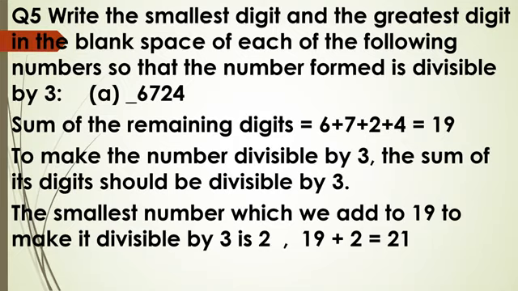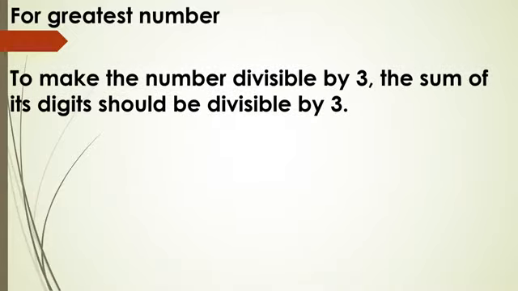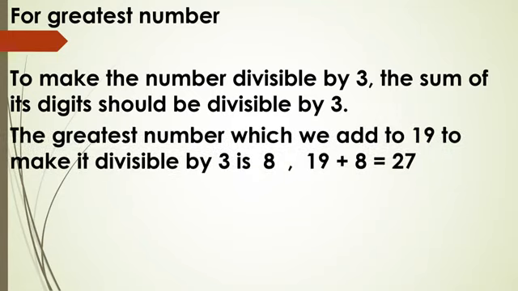Now we have to find out the greatest digit also. See how we will find out the greatest digit. Sum of all the digits is 19 only, that we have found out earlier. Now for the greatest number, check from the greatest digit. If we add 19 plus 9, 9 is the greatest digit, we will get 28. Is 28 divisible by 3?